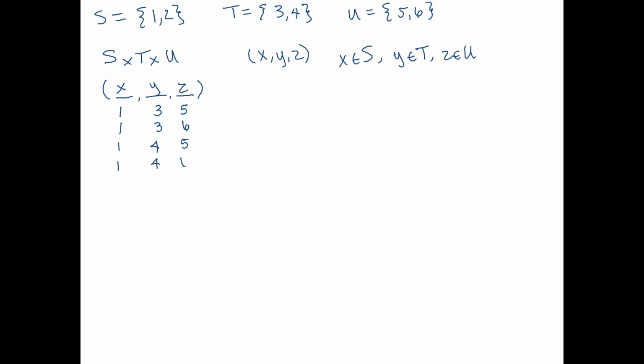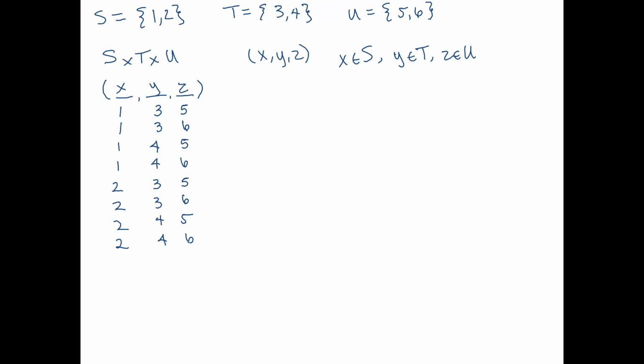Now we can't make any more triplets using 1 and 4, and we've exhausted all of the elements of the set T, so let's take a new element from S, which is 2, and then we repeat. Now we have enumerated all of the possible triples.